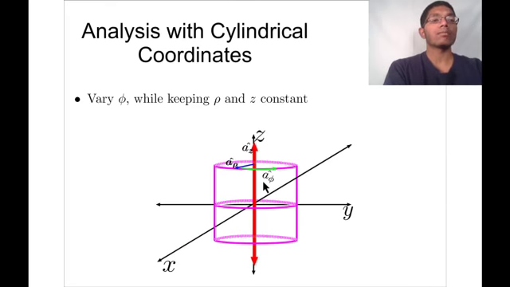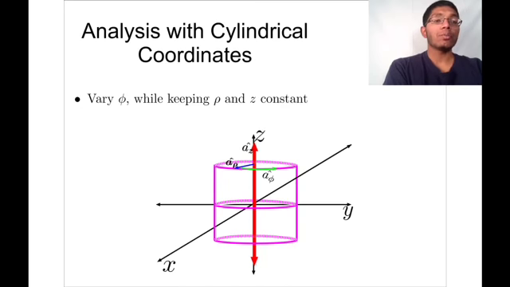So in this instance, I'm varying phi, keeping rho and z constant. When I do this, I'm just moving around this infinite line of charge, and doing so, I can see that the electric field has not changed when I move around this infinite line of charge.